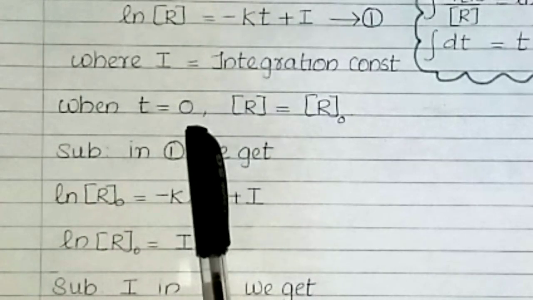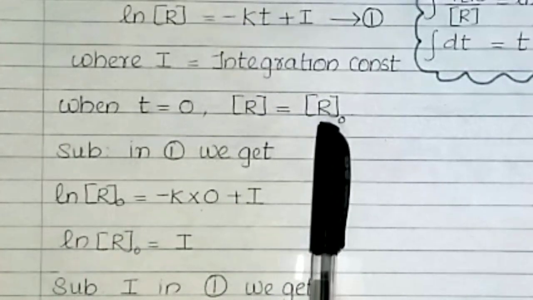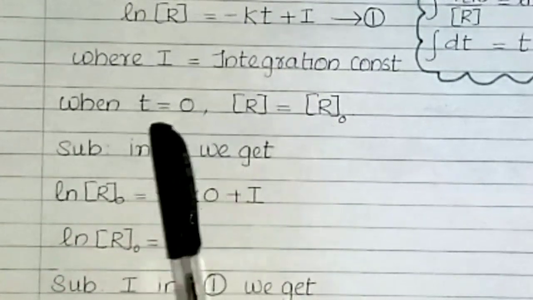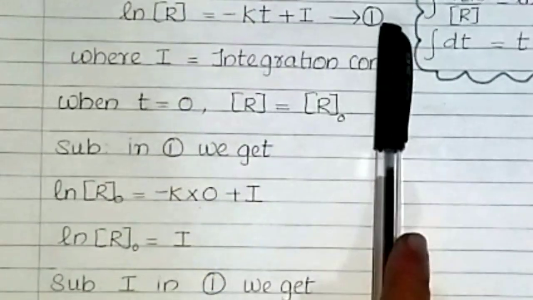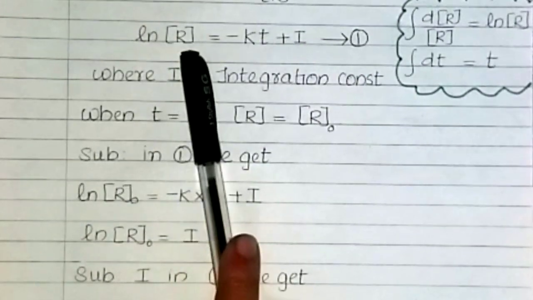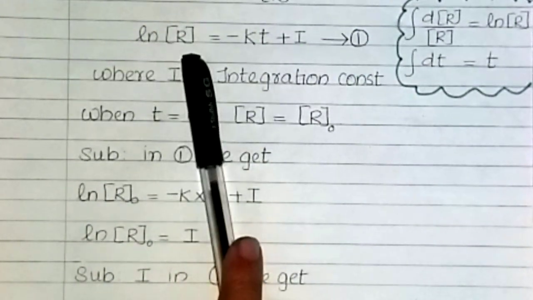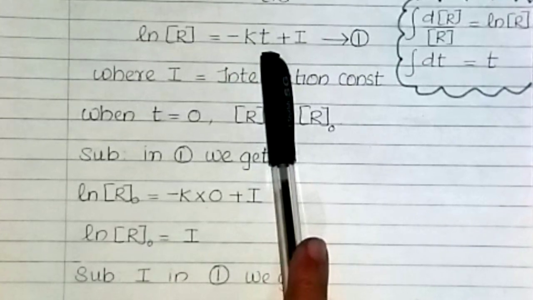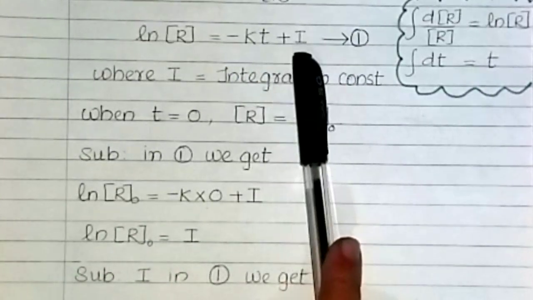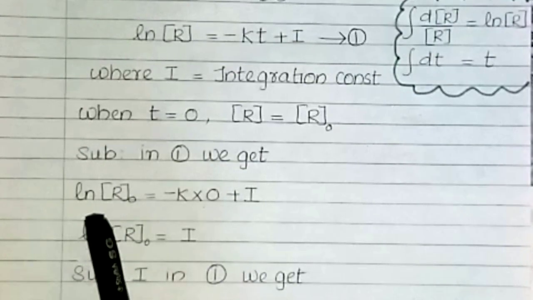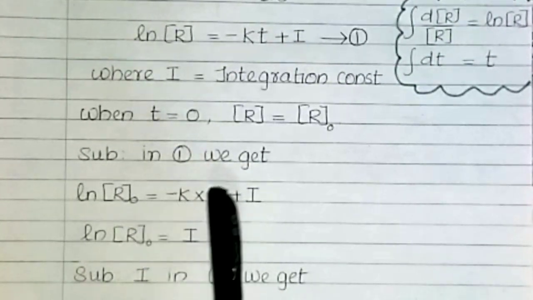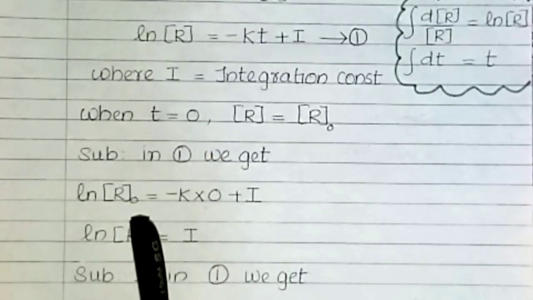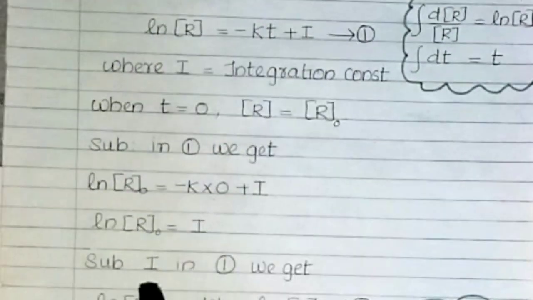When t is equal to 0, the concentration of R becomes [R]0, that is the initial concentration. Substituting the values in the first equation, instead of R write [R]0: ln[R]0 = -k times 0 + I. This term becomes 0, so ln[R]0 = I. Then substitute the value of I in equation 1.